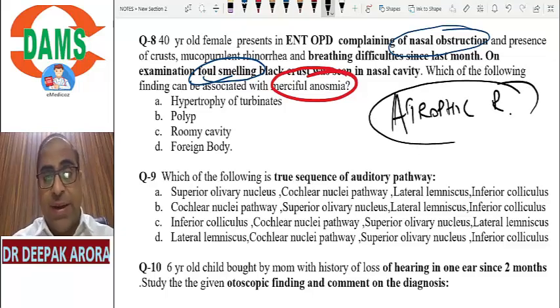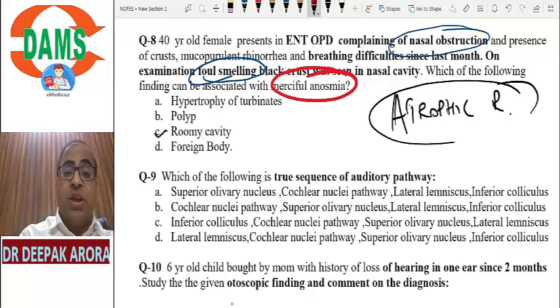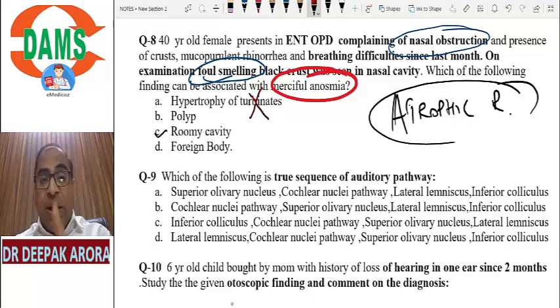In atrophic rhinitis, when everything is atrophic, the whole nasal cavity will be a roomy cavity. So the best possible answer in this MCQ will be option C, roomy cavity. This is atrophic rhinitis, not hypertrophy of turbinate. For hypertrophy of turbinate, the keyword in the MCQ is mulberry-like nasal mucosa.